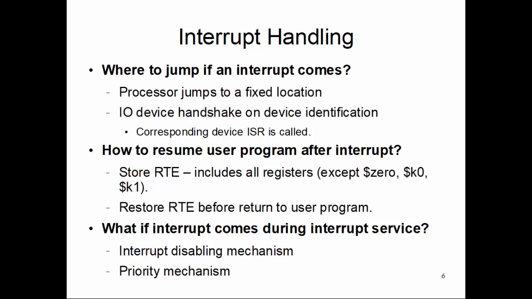For example, we'll see there are some user defined interrupts, which are called an exception mechanism. Those are basically less important than an interrupt that comes from the printer or something from the disk.